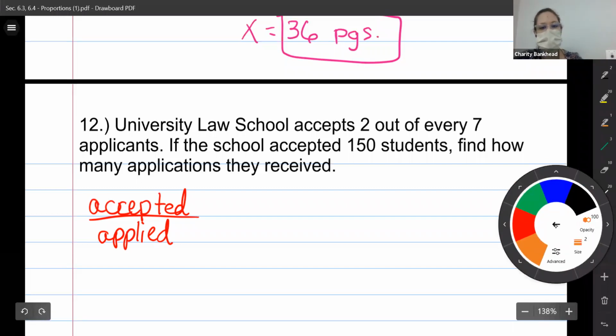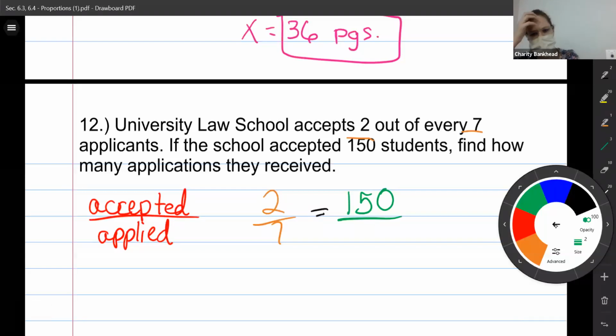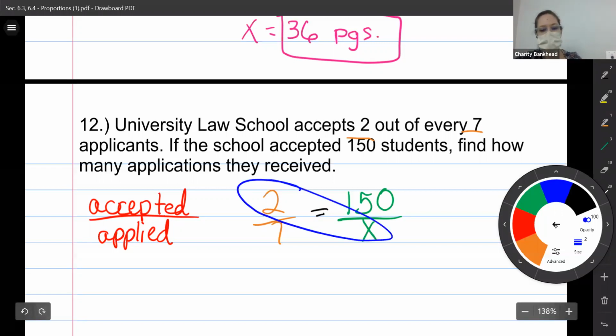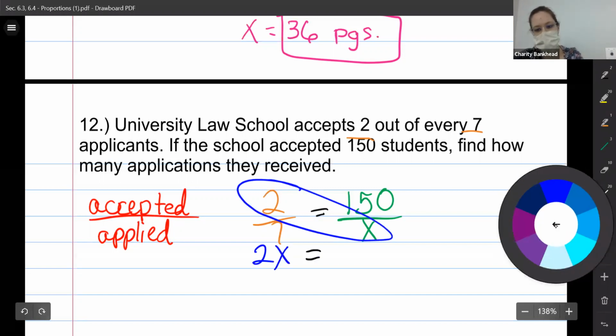Okay, so it says they accept 2 out of every 7 applicants. So that would be 2 over 7 equals, and then they accepted 150, so that's on top. How many applications did they receive? That's the unknown, so that's the x. And then we'll just cross multiply. So 2x equals 7 times 150.